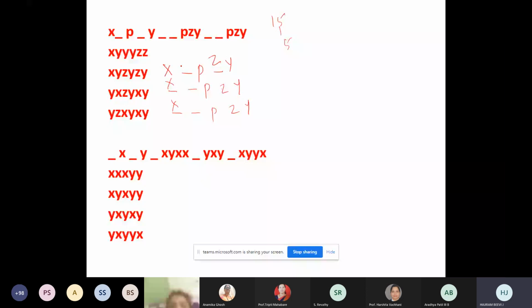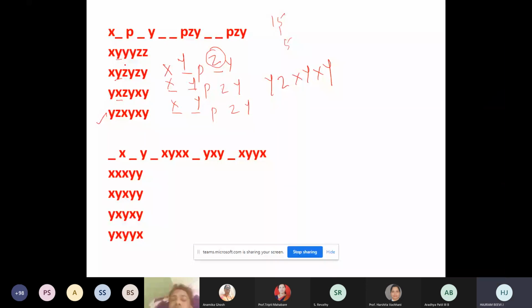The second letter will be Z in our answer. In the first option we don't have Z as the second character, because here we have Y only, and here X only. So this is the right answer. So Y Z, X Y and X Y. This is the correct pattern.